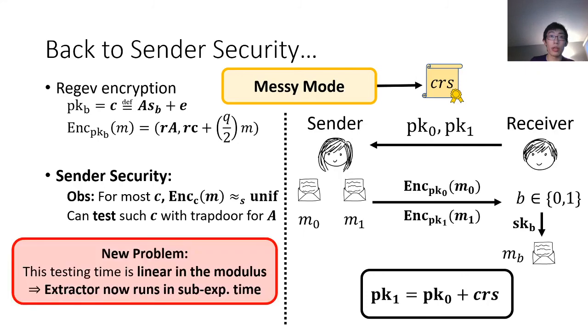Where I lied was when I said that we can test whether a public key was messy using an appropriate trapdoor for the matrix A. But it turns out that this test is actually linear in the modulus Q that we are using. So in particular, if we're using a sub-exponential modulus Q, the extractor that we get is not efficient anymore. So I should fix that.